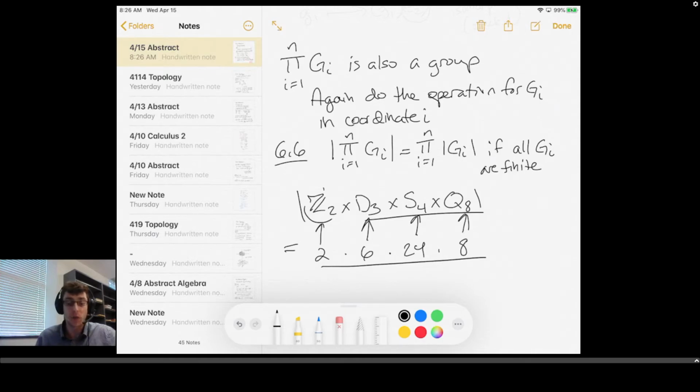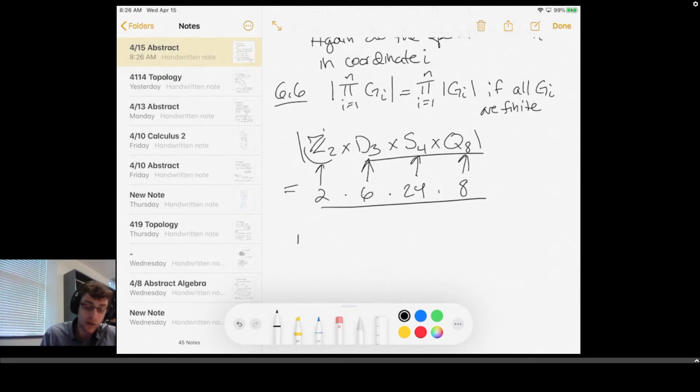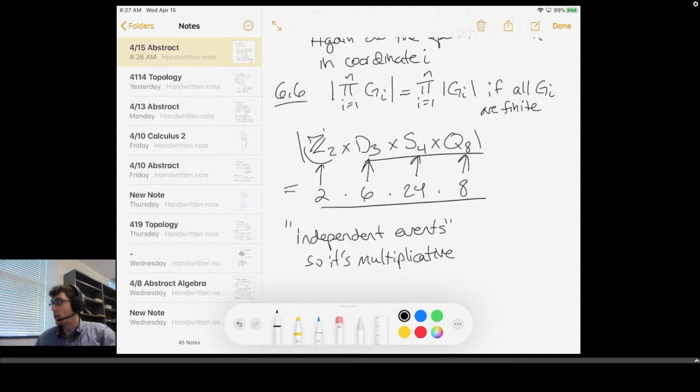This is why it's multiplicative. If you've seen any probability or statistics, these are independent events, basically, and so it's multiplicative. You're really just counting up the number of options you have in each coordinate and multiplying them out. So that's how you get the order.